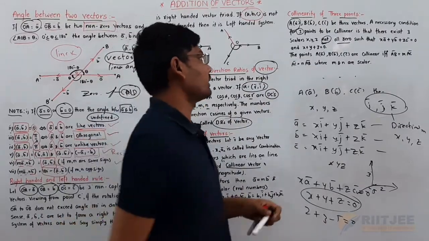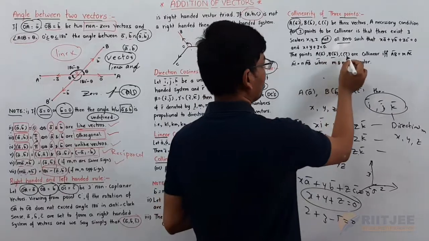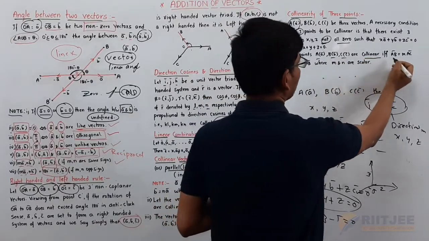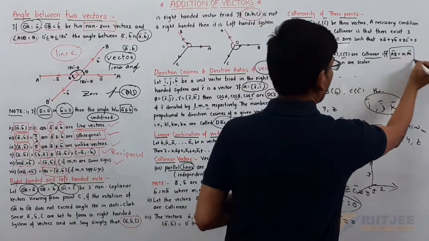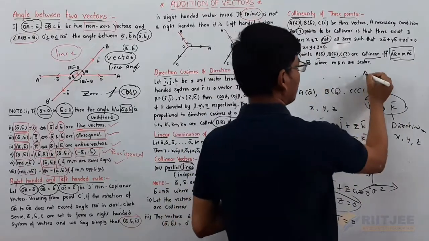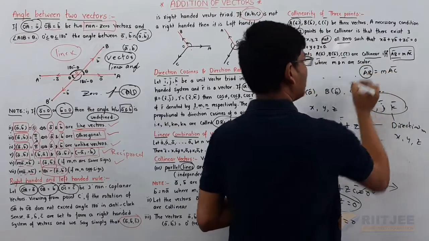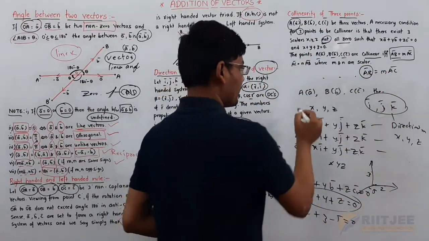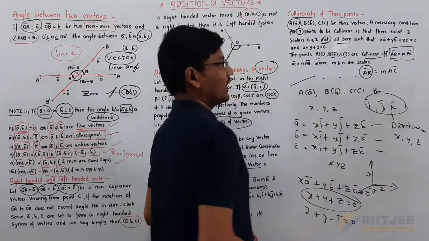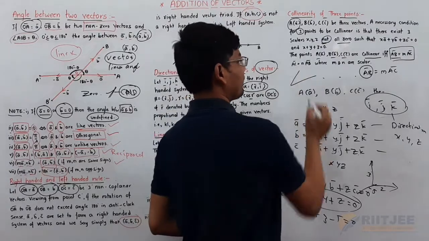And then next, the points A bar, B bar, C bar are collinear if and only if AB bar is equal to m times AC bar. Here AB bar is one vector and AC bar is one vector.